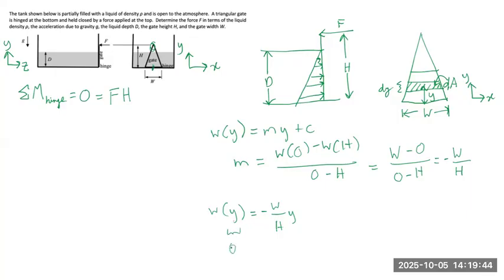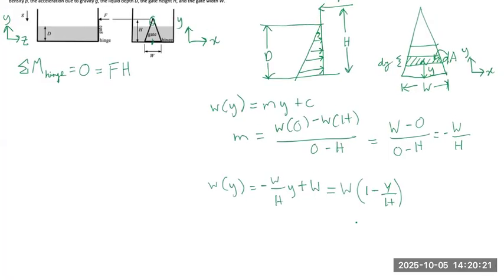At y equals 0, the width is equal to W, so we will add a W over here, because at y equals 0, the width is W on this gate. And we can factor out a W to have W times 1 minus y over h. Okay, so now we have an expression for the width as a function of y.